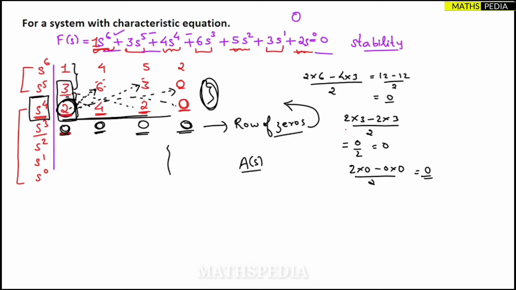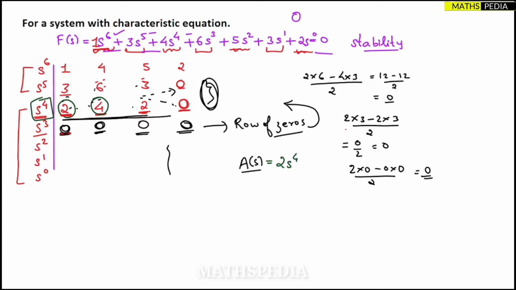How to write? Simple. This is s power 4. So this coefficient 2 we have at the start. So this 2 I can write as 2s power 4. Now what about this 4? Now decrease 2 powers.